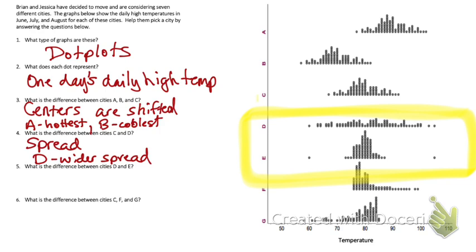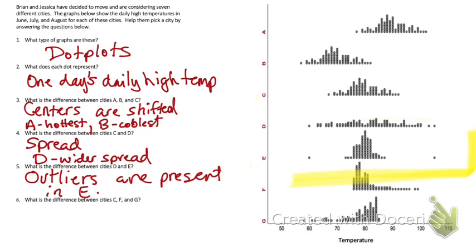E is more concentrated in the middle, but it has these two little guys out here, one on the low side, one on the high side. What do you think those are called? Absolutely, those are called outliers. Outliers are present in E.